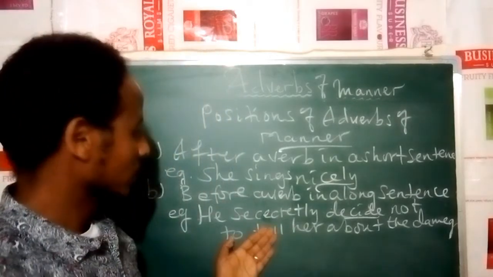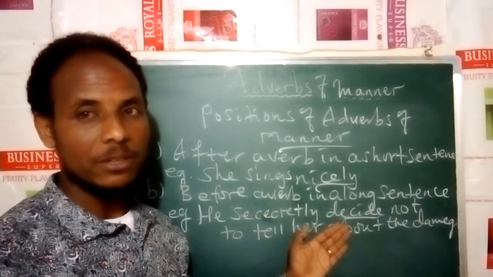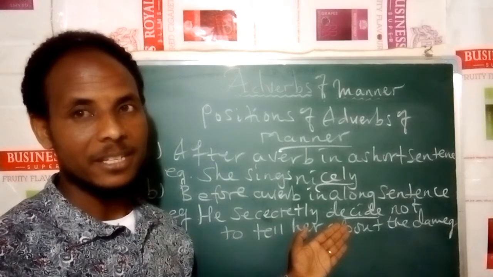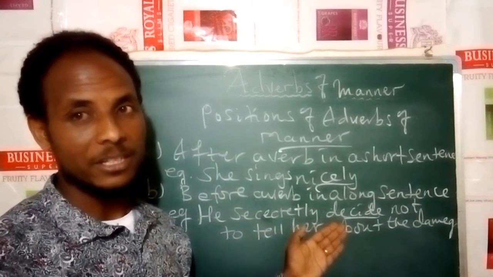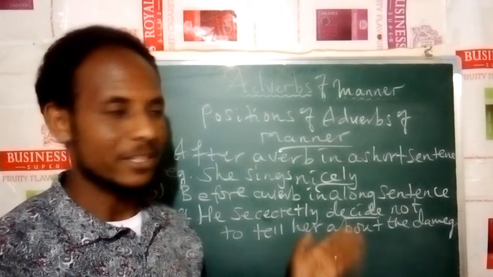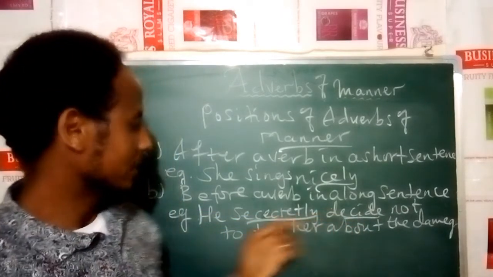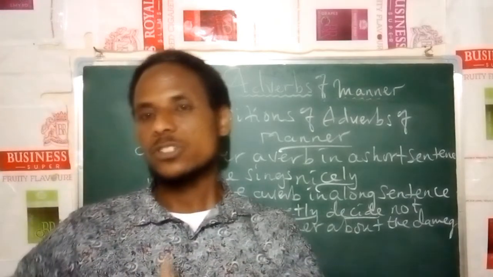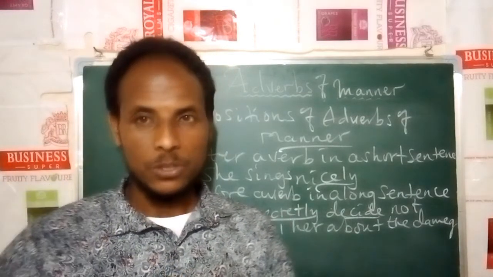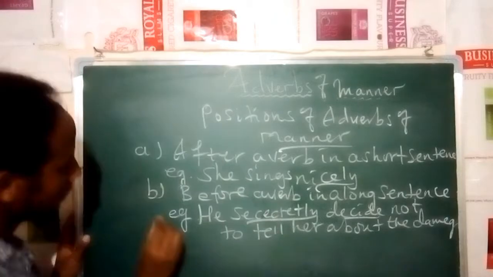So we use an adverb of manner before the main verb for expressing an emphatic sentence, and a long emphatic statement. Before a long sentence, secretly. He secretly decided not to tell her about the damage. So this sentence is too long to read even.